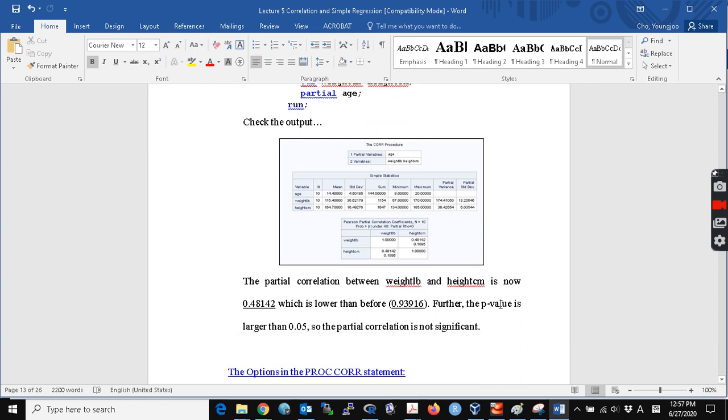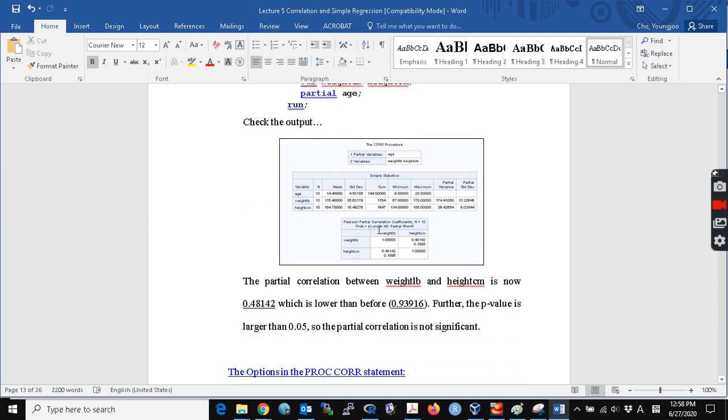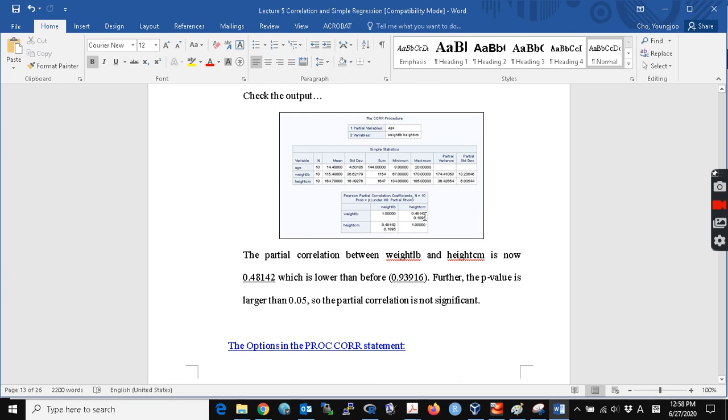If you look at this, you can use the partial statement with age in the code. Then you can see that the partial correlation between weight and height is 0.48, and the p-value is 0.1895, which is greater than 0.05.